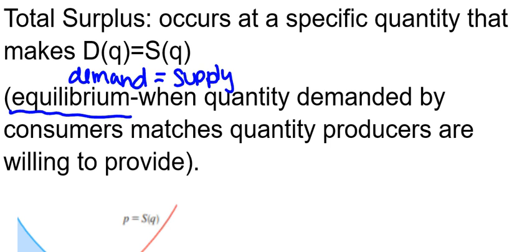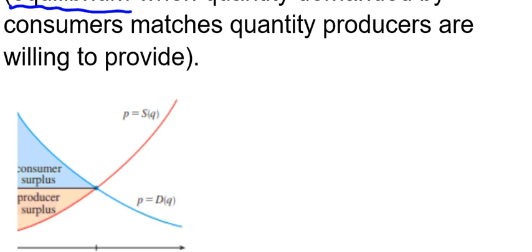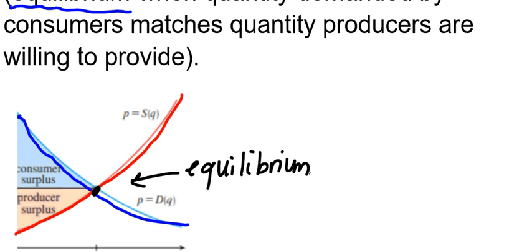And down here I have a picture. I have this blue demand curve that was decreasing. I have this red supply curve that was increasing, and this place where they cross, this is my equilibrium point. It's where the supply equals the demand.